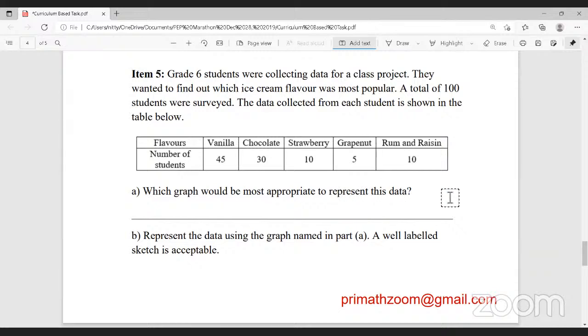Go ahead. Which graph could we use to represent this data? Share the name of the graph in the chat. And once you have decided on your graph, you can also go ahead and start to sketch your graph.